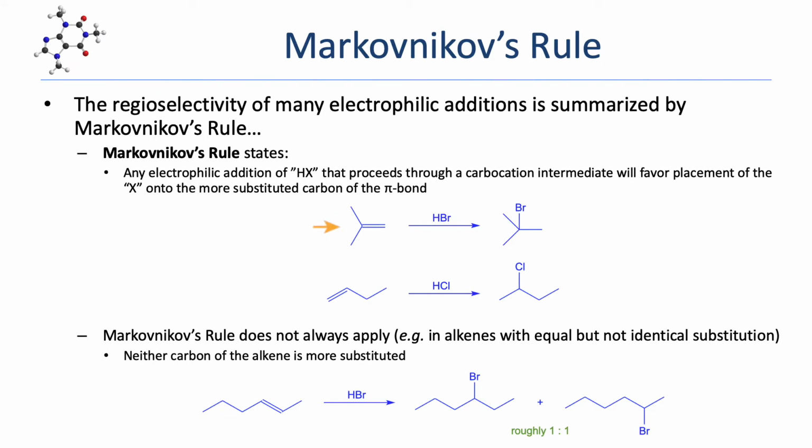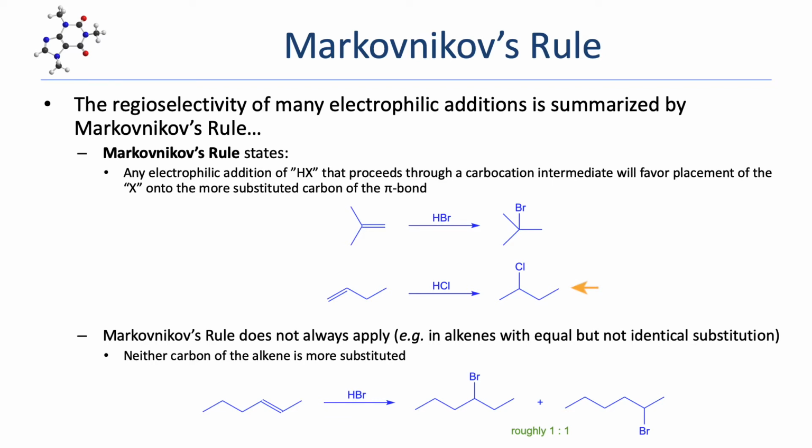So here I have that exact same reaction drawn out now using skeletal structures. And you can see that the halogen ended up on the more highly substituted left carbon of that alkene. Using Markovnikov's rule, we can predict the outcomes of other hydrohalogenations. Here we have 1-butene. Reacting it with HCl is going to form this product here as the major product.